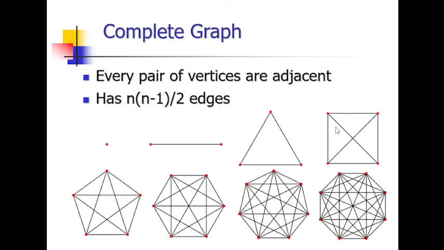So let's find out the number of edges. How many vertices are there? 4 vertices. So 4 into 4 minus 1, that is 3. 4 into 3, now we get 12 divided by 2. That comes to 6, you can count 1, 2, 3, 4, 5, 6.